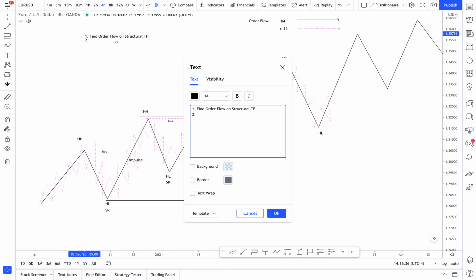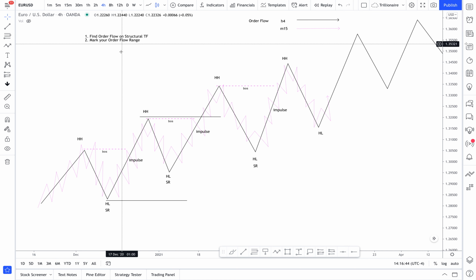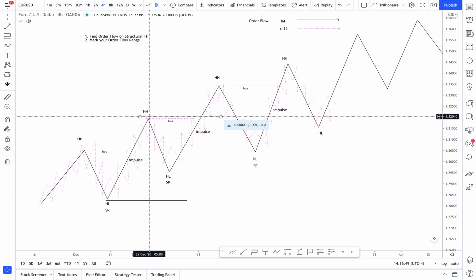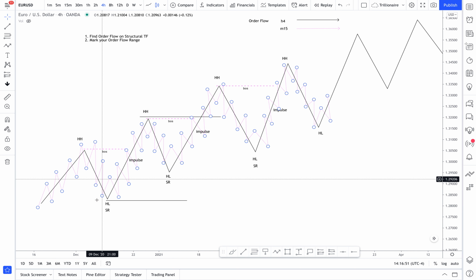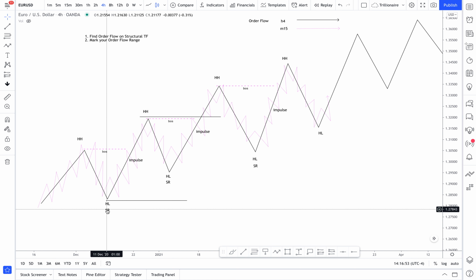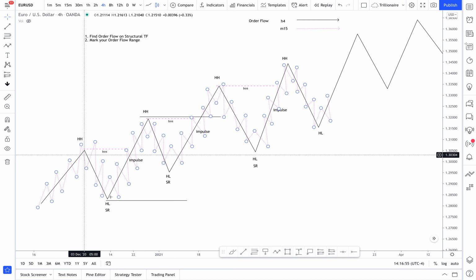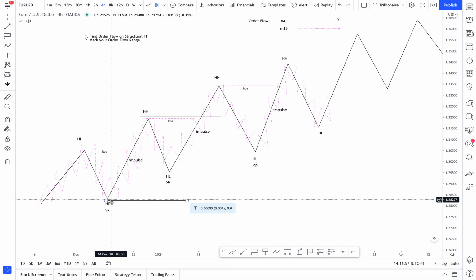Second, mark your order flow range. What I mean by this, if you're on the H4 time frame and price has just created a higher high, which means we had a valid higher low as well as a valid successful retrace of the previous higher low, retracement to the downside.